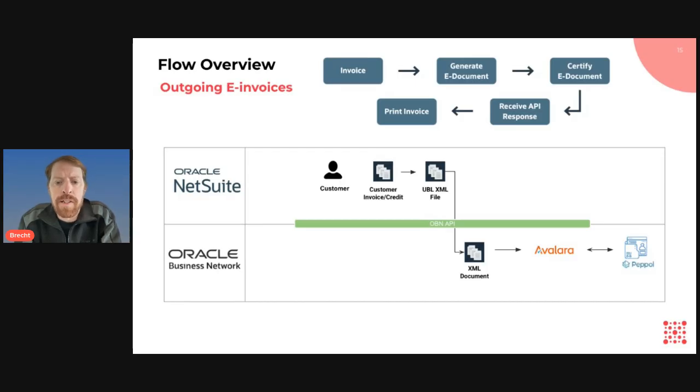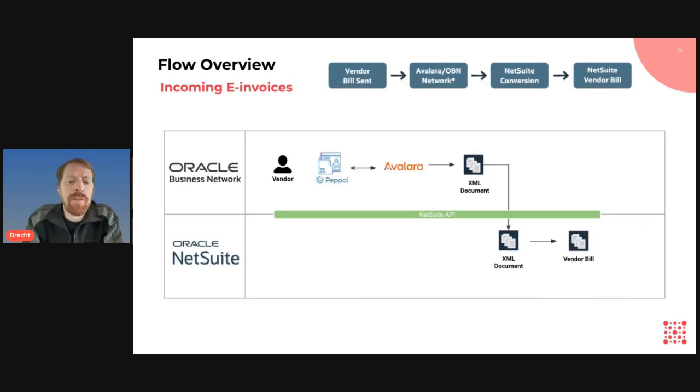If it is the case like in Spain, where you still have to put a stamp or QR code on your invoice, then that will also work, and you will be able to deliver that via email or any other method as you prefer. But for PEPPOL, the idea is that everything is electronic, and everything will be done via the Oracle Business Network.